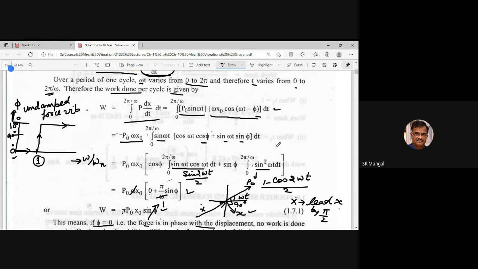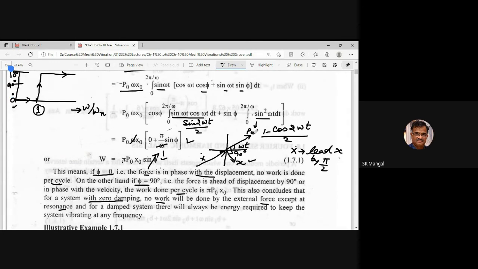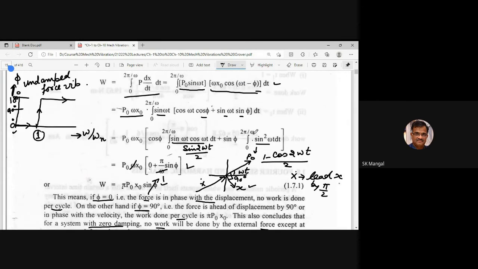So you can see here in the undamped forced vibration, when damping is 0, then no work will be done by the external force except at resonance. Except at this point, at all other frequencies there is no work done.